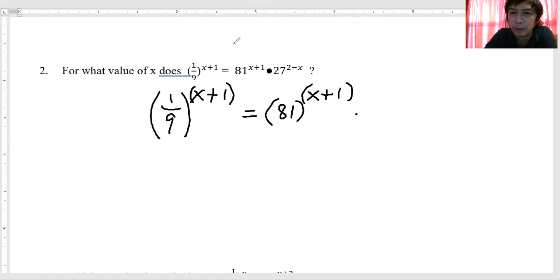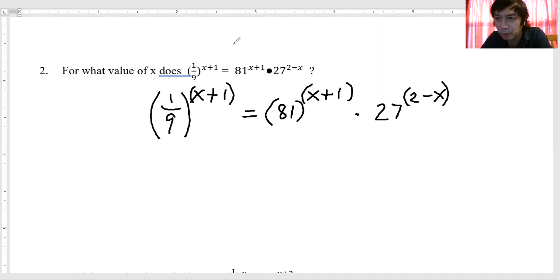And then this is multiplied. It's a dot, so it's multiplication. And you have another base 27 raised to the exponent 2 minus x there. All right, so we have here 1 over 9 base, and then 81 base, and 27 base.